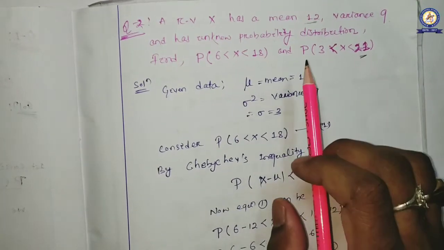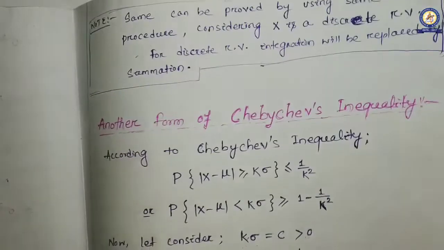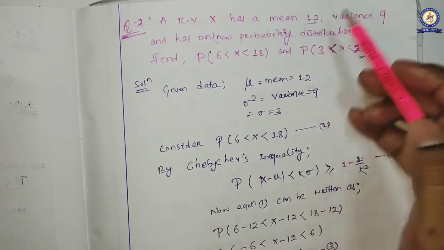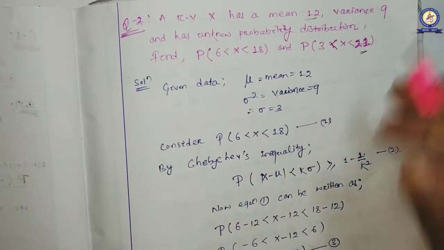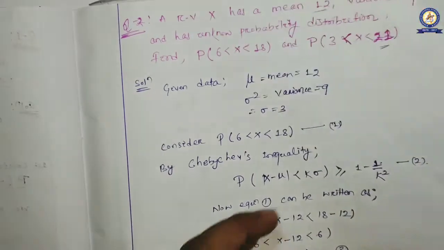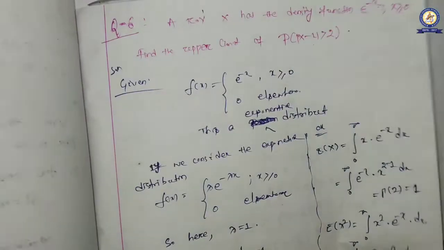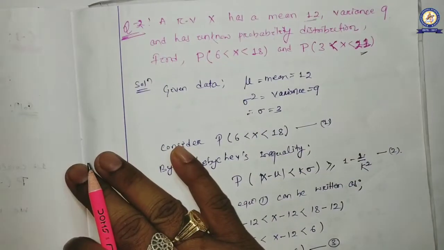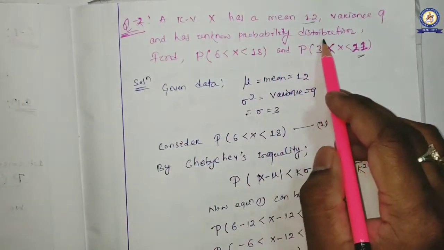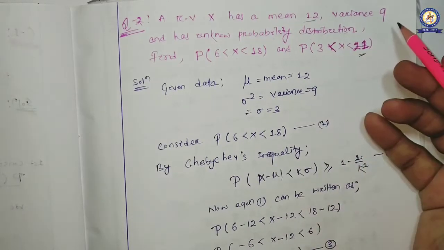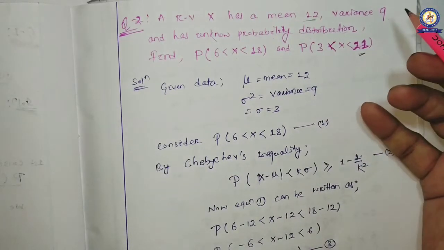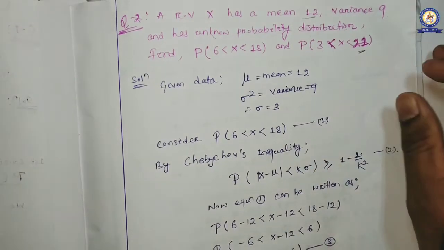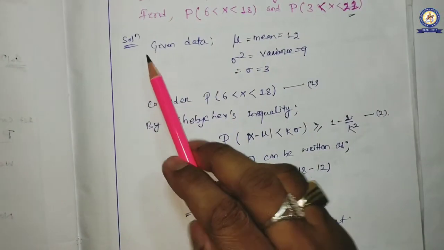See, as I told, this Chebyshev's inequality can be applied for an unknown probability distribution and also a known probability distribution. For the known probability distribution, I did 2 questions. Here we are going to discuss this question, which belongs to an unknown probability distribution. That probability distribution we don't know, but however we can find the approximate value of the probability by using this inequality. So now we have to go for the solution.